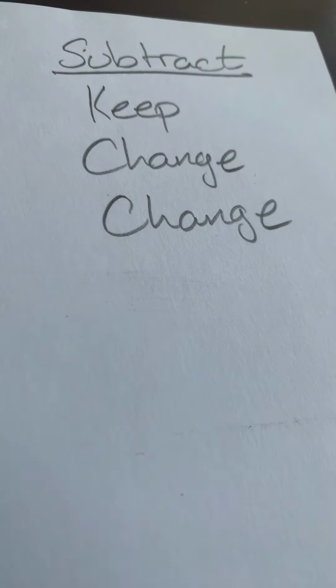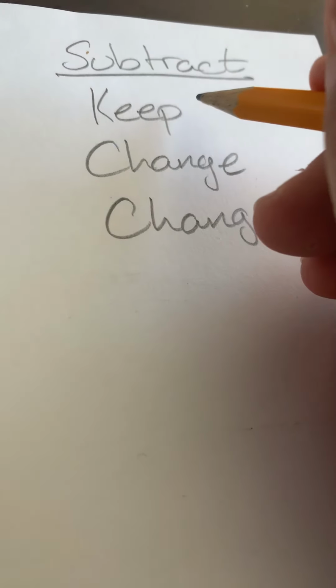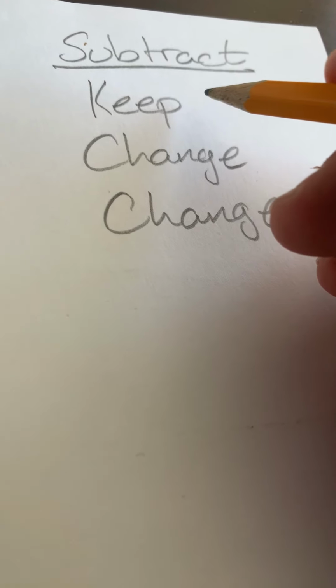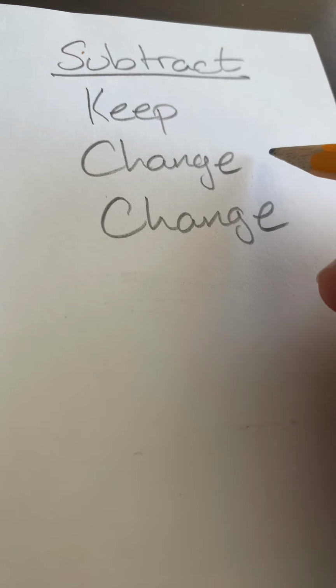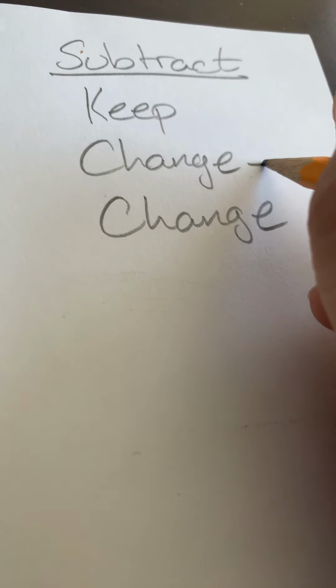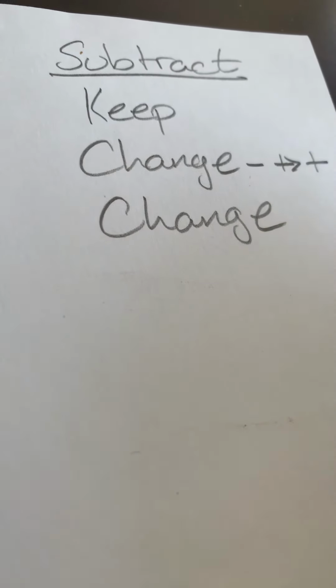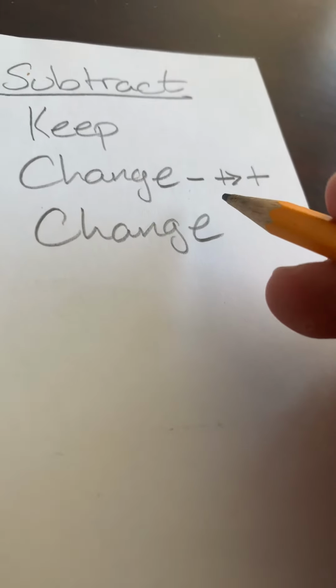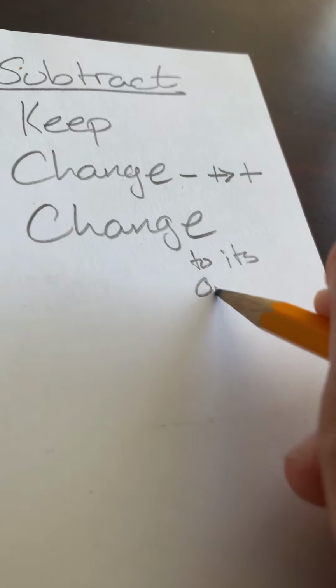I'm going to keep the first integer, so whatever one comes first. I'm going to change the subtraction to addition. And I'm going to change the second integer to its opposite.